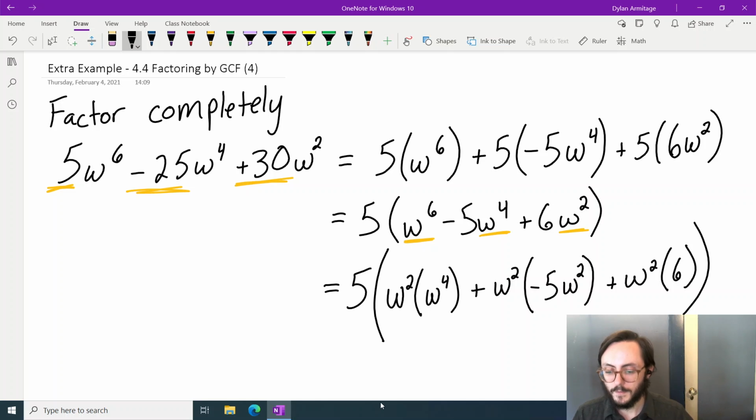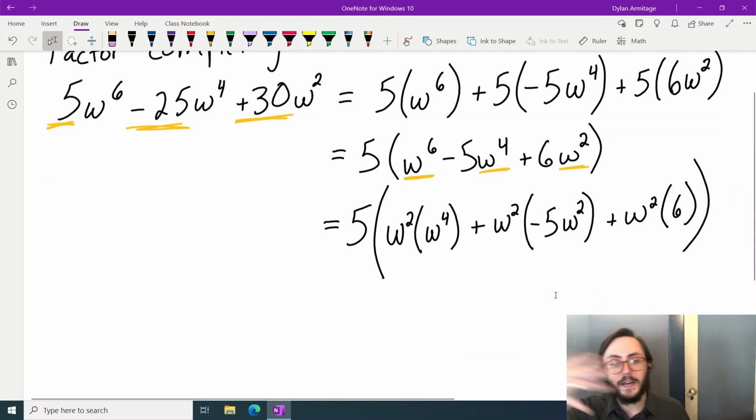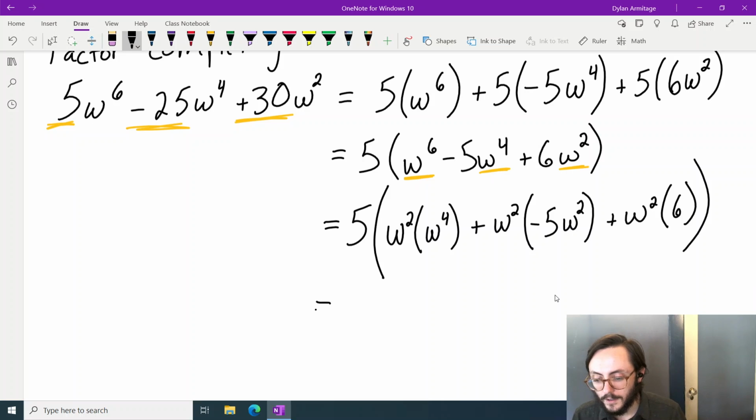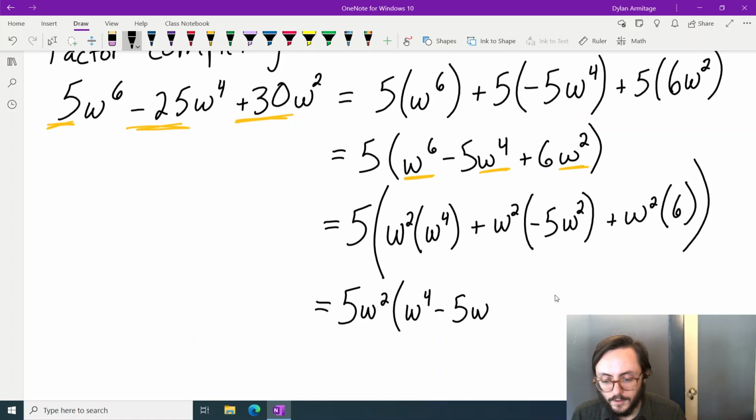Now we can factor out that w squared. Bring it to the outside of our parentheses. Equals 5w squared times w to the 4th minus 5w squared plus 6.